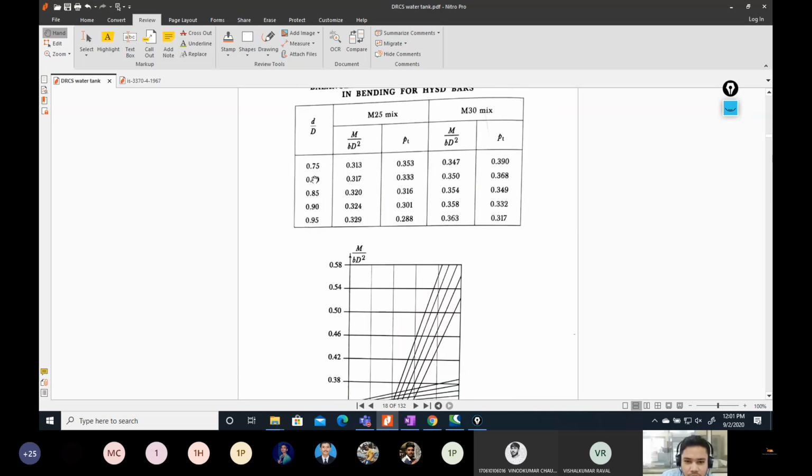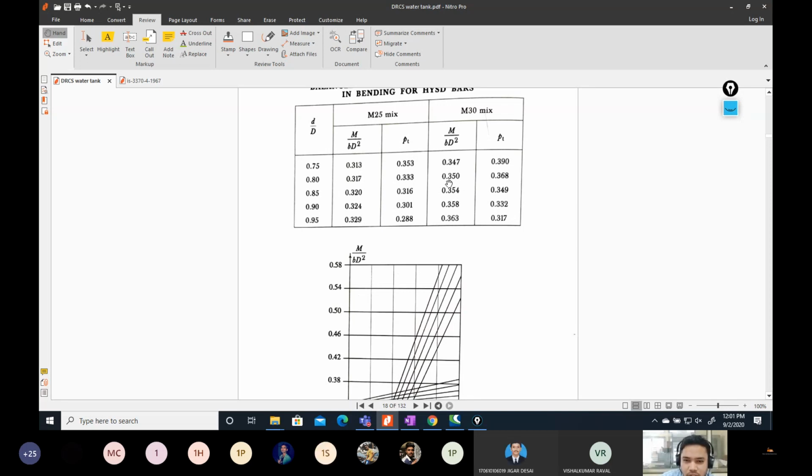So for our case, we can interpolate the value of M upon bd square. For 0.75, it is 0.347, and for 0.8, it is 0.35. So it will be in between 0.34 and 0.35.